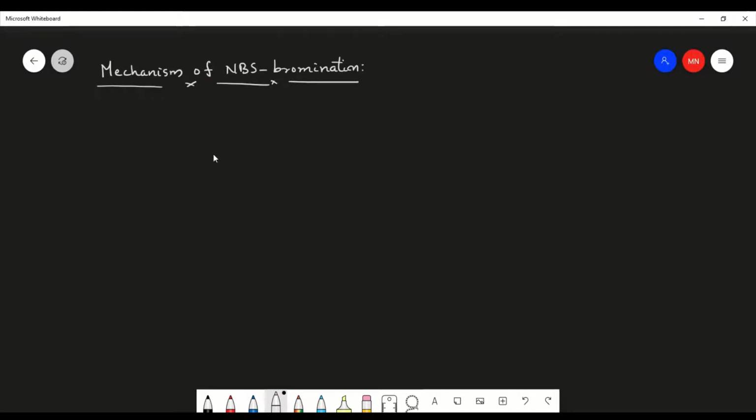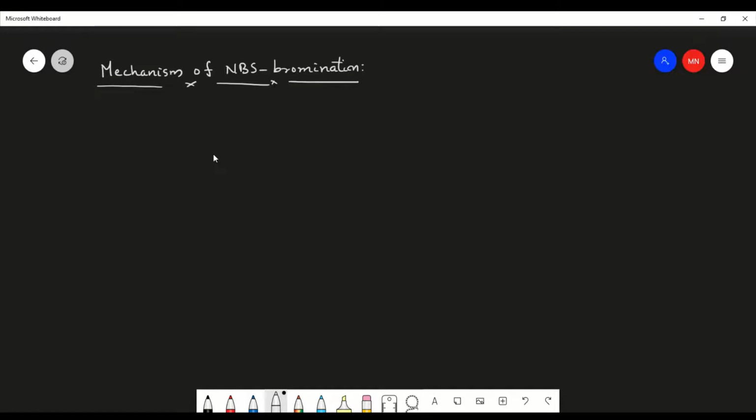Now let us look into the mechanism of N-bromosuccinimide bromination. For that, there should be a radical initiator.